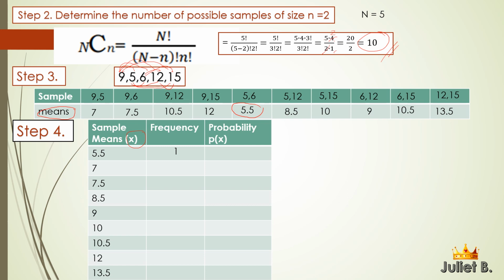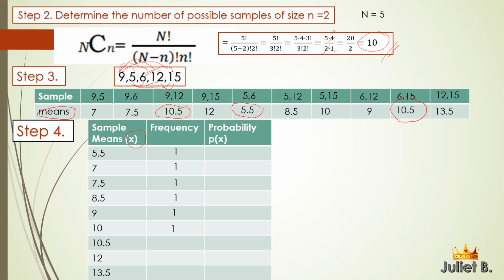Tapos bilangan natin, ilan bang 5.5 meron sa data? Isa. Okay, 1. Ilang 7? Isa lang din. Ilang 7.5? Isa lang din. 8.5? Isa lang din. 9? Isa lang din. 10? Isa lang din. 10.5? Ayan, dalawa.